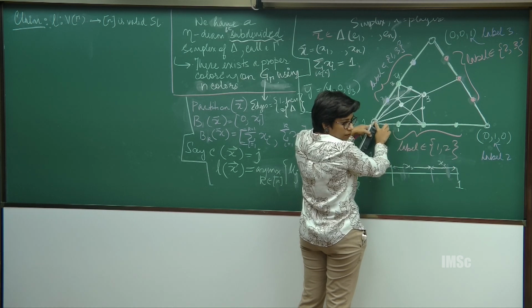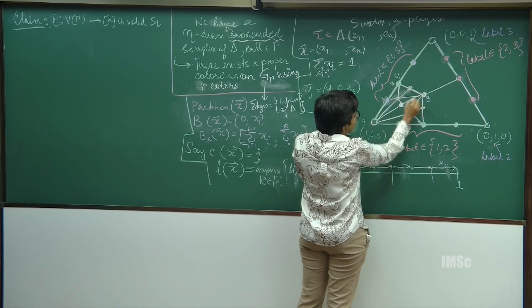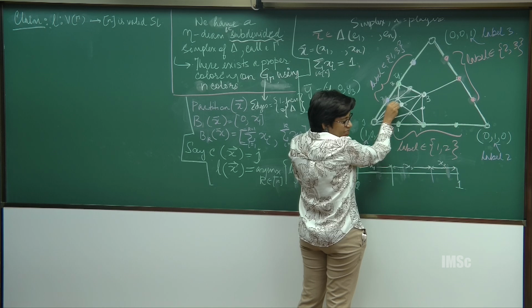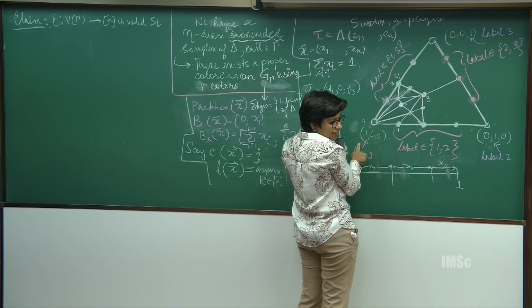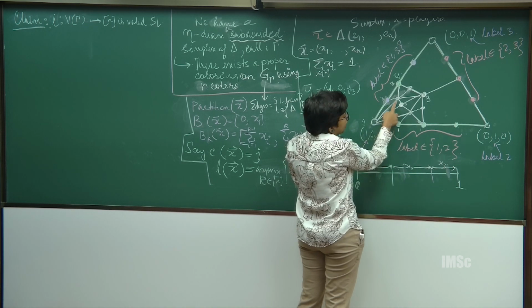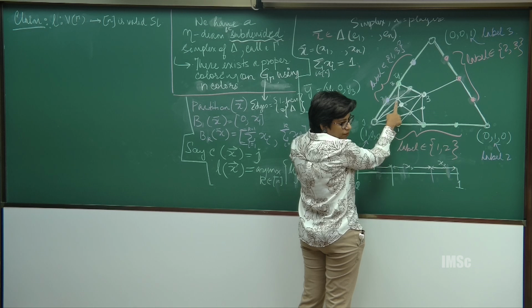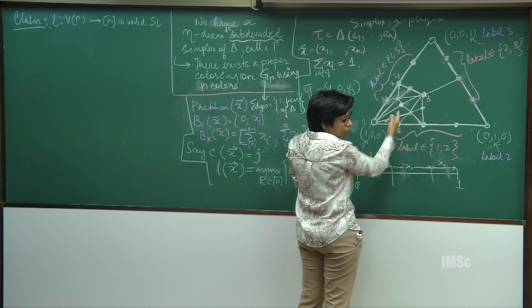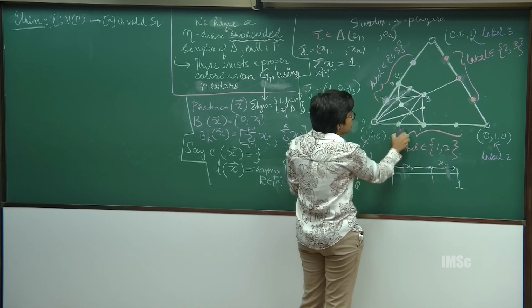That should be labeled 3 because the endpoints are 3. This one should be 3 because all of them are 3. But this is 1, right. So, it could take 1 or 3. Now if you also had 2 and so on, then there could be more possibilities of color. Okay. So, that is the idea.